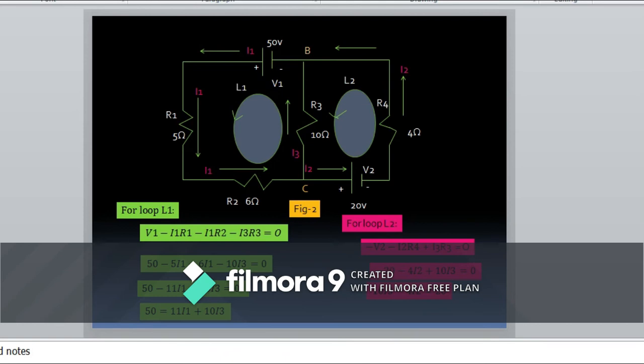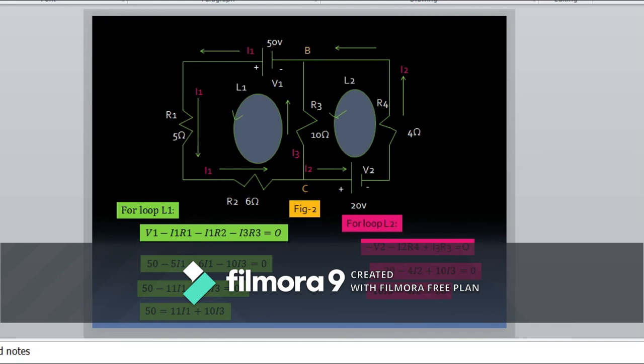So Kirchhoff's voltage rule becomes minus V2 minus I2 R4 plus I3 R3 is equal to 0, or minus 20 minus 4I2 plus 10I3 is equal to 0. We put the values of voltage and the resistances for this given loop L2.